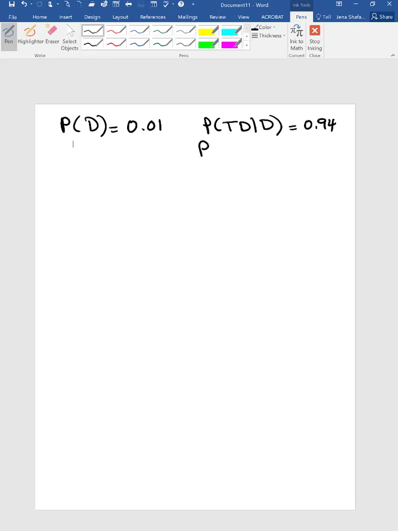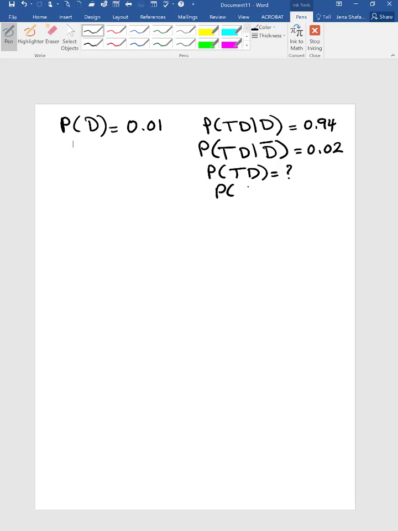We also know that the probability that, given that an item is not defective, the test will show that it is defective equals 0.02.